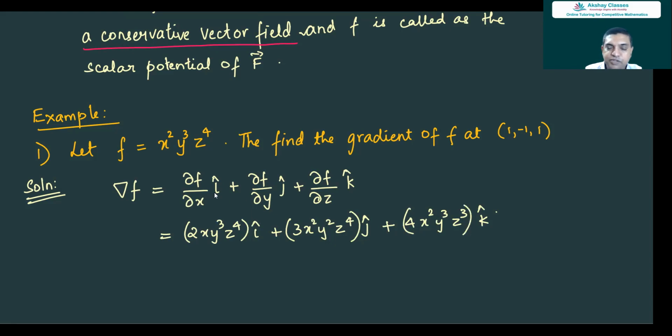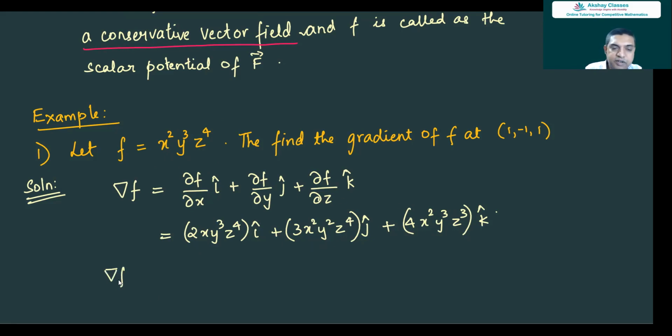What did I do? Partial derivative of f with respect to x: keeping others constant, the derivative of x square is 2x. Then partial derivative with respect to y: keeping the other two constant, differentiating y cube, we get 3y square. Then keeping x and y constant, differentiating z power 4 with respect to z, we get 4z cube.